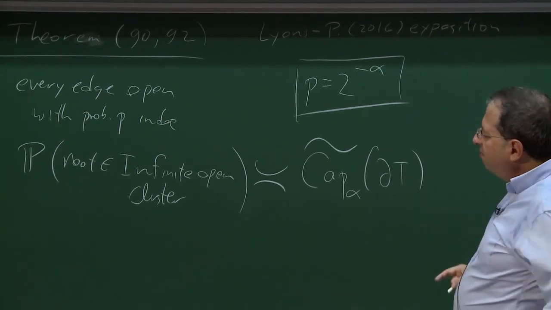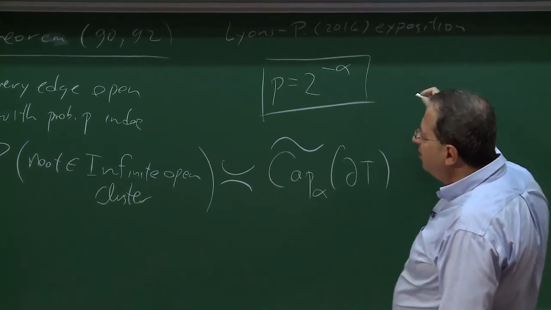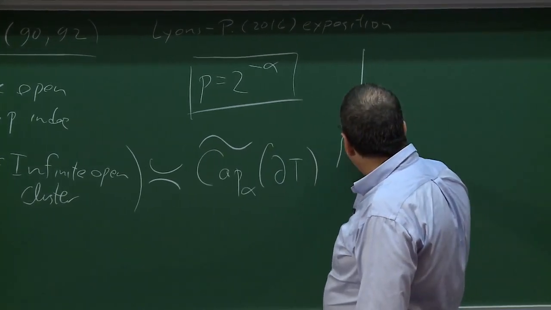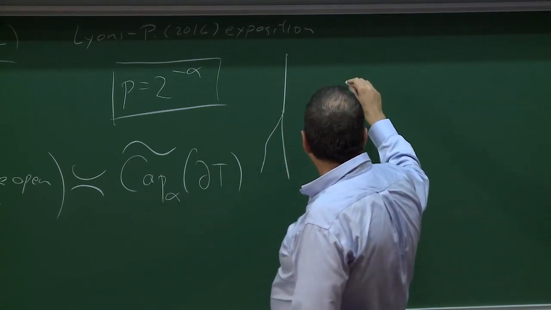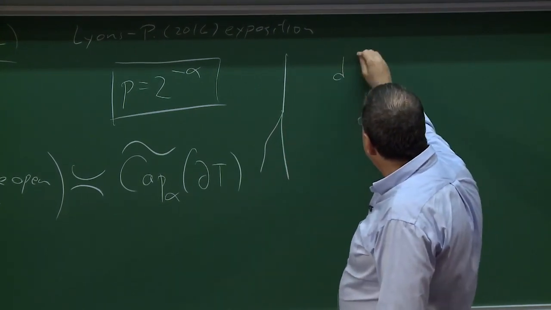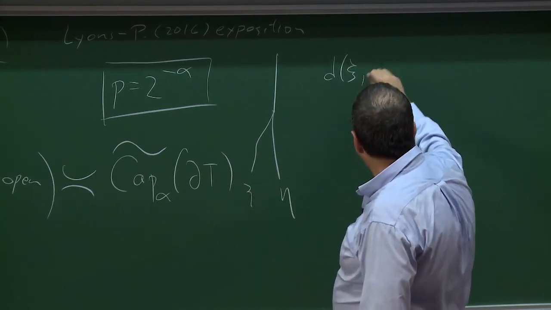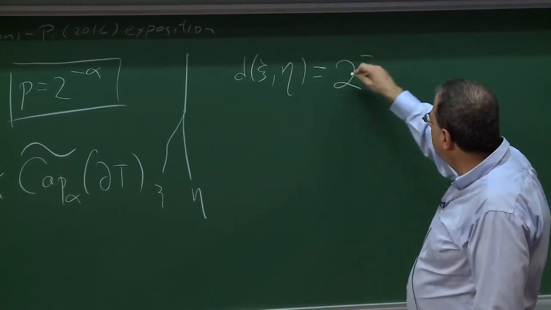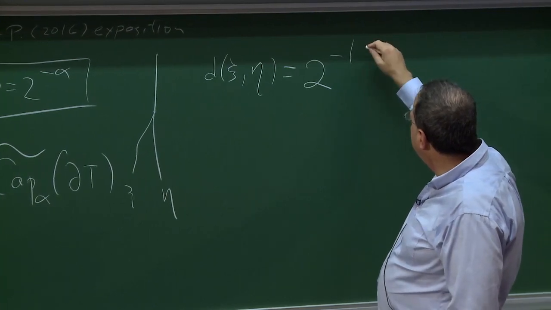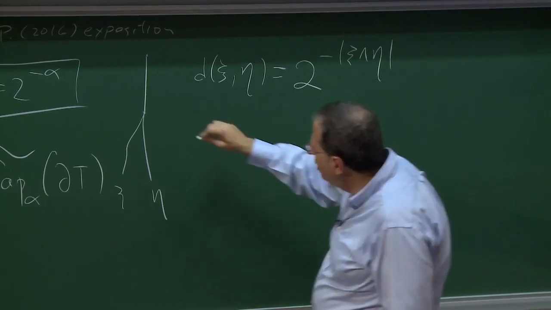And so to define the capacity, as I did there, I need to have a metric because we had the distance. So what is the boundary of the tree? The boundary of the tree is the set of infinite rays, infinite paths from the root. And if I have two rays, I will consider the distance between one ray xi and another ray eta to be 2 to the minus, so you could put e here, but I'll put 2 to the minus, the absolute value of xi meet eta.